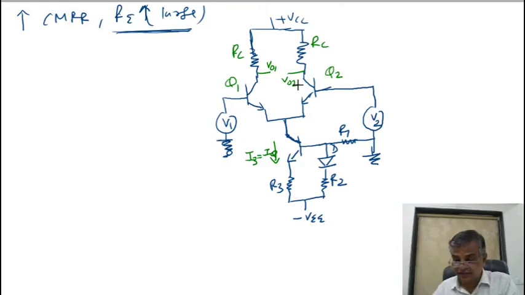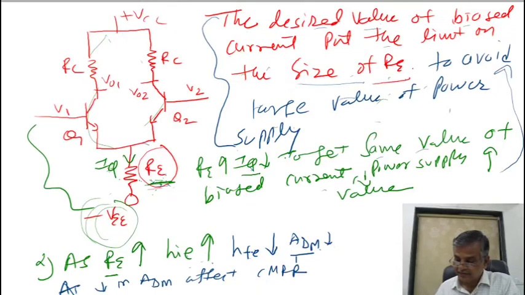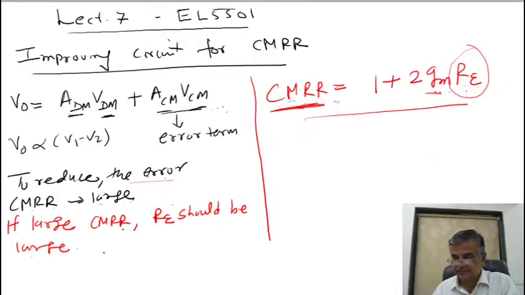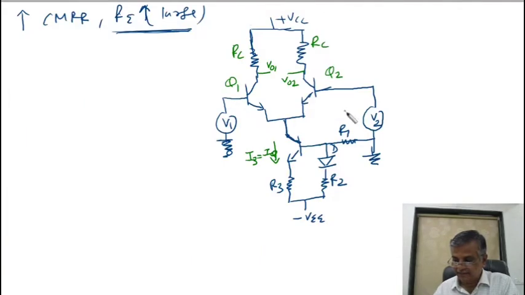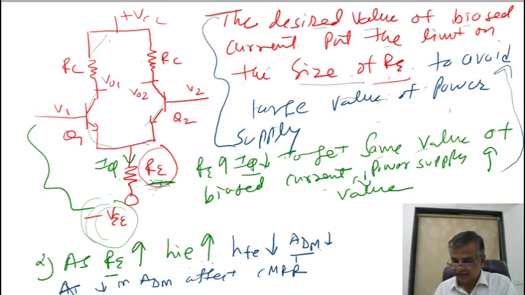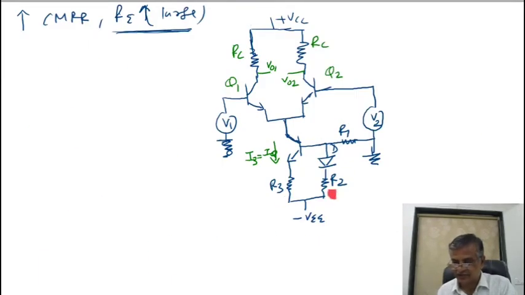Now let us understand what we have discussed. RE is replaced by this circuit to get constant current.